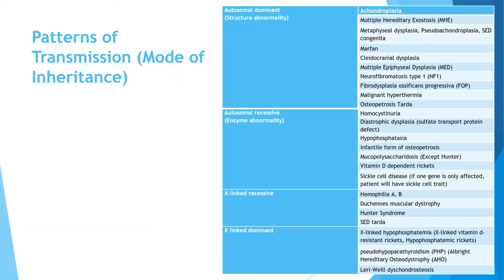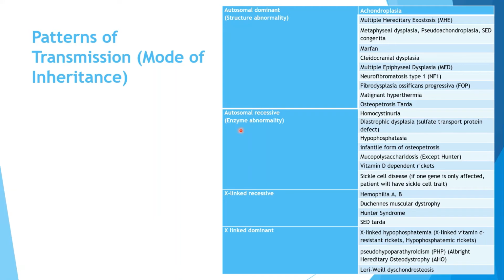So most of the dysplasias, which are structural abnormalities, are autosomal dominant. Neurofibromatosis type 1 is also autosomal dominant. Fibrodysplasia ossificans progressiva. As I told you, you will get a picture of exuberant calcification around the joint, and you will be asked what is the gene or what is the inheritance. It's autosomal dominant.